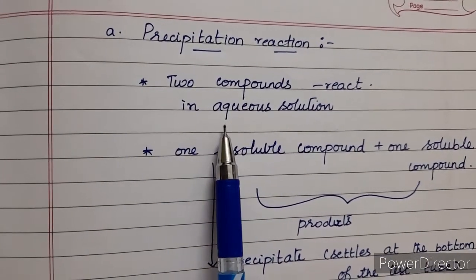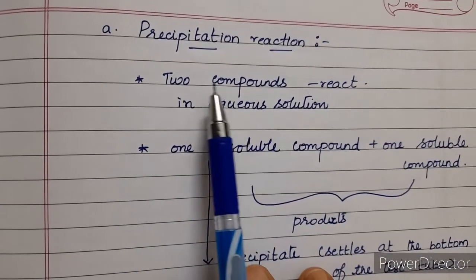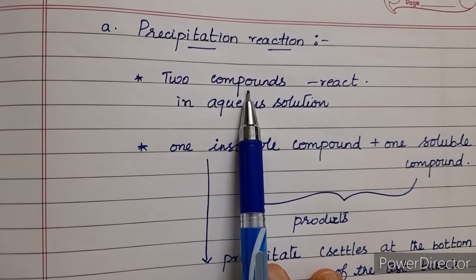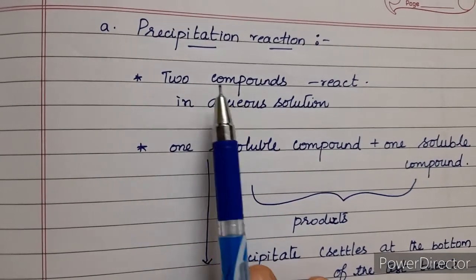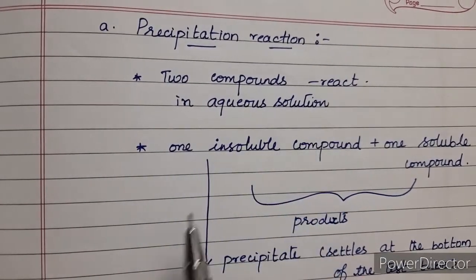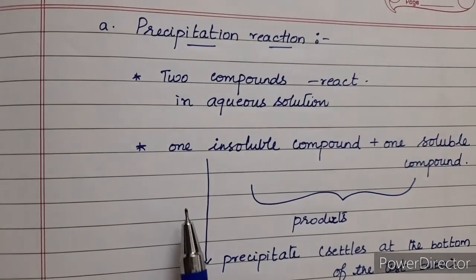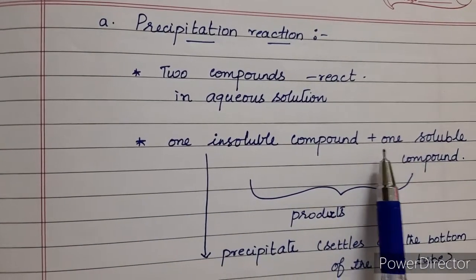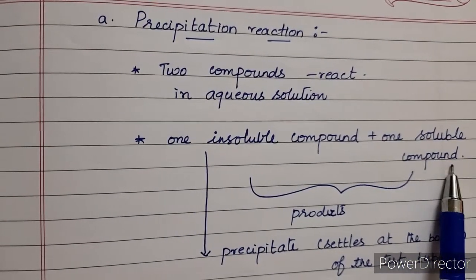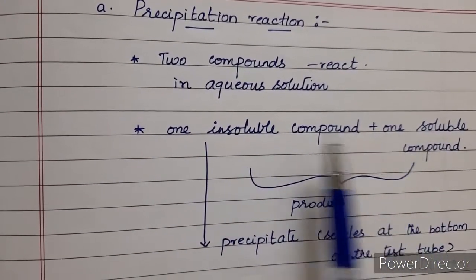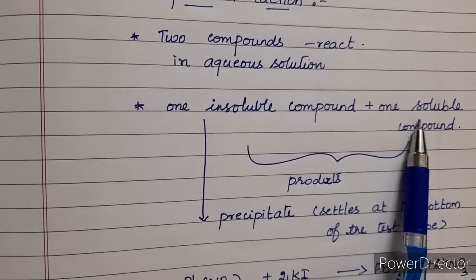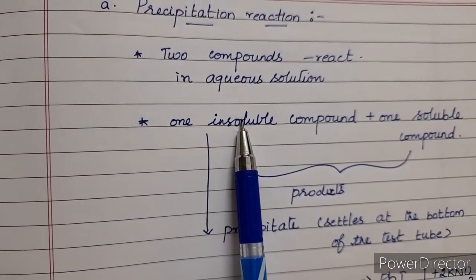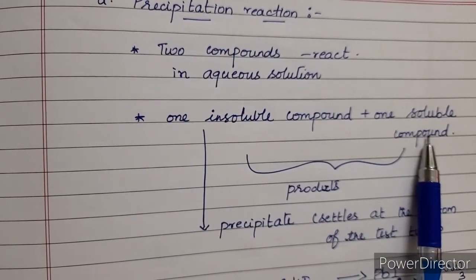Here in aqueous solution, two compounds combine together and the displacement reaction takes place. In aqueous solution, when two compounds react, the product obtained can be one insoluble compound and the other a soluble compound. So you will have two compounds on the product side, isn't it? In that, one will be an insoluble compound, the other will be the soluble compound.